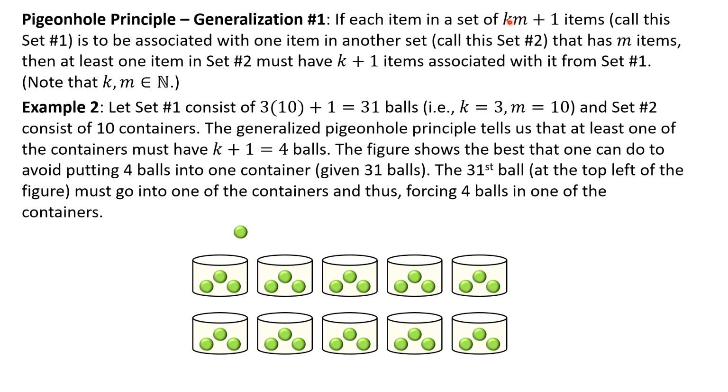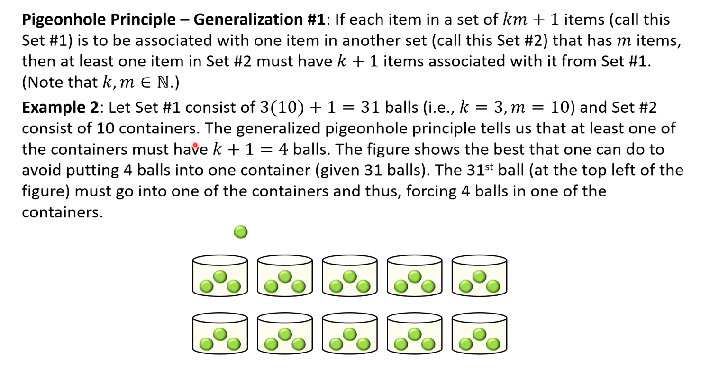So the set 1 are sort of the balls or the marbles or the pigeons, and set 2 are the containers. And we're saying if we have k times m plus 1 items and we distribute them into our set number 2, which has m containers, then one of the containers has k plus 1 items.